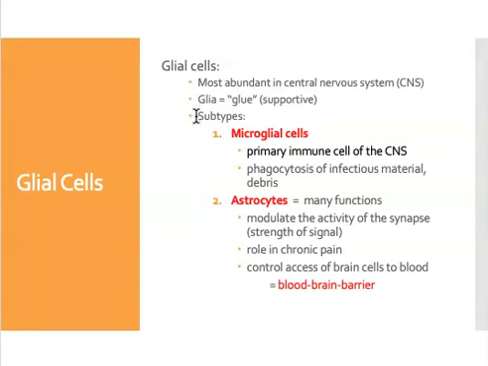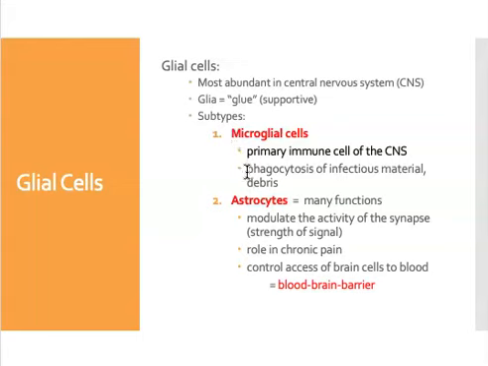We now know, again, that there are 4 types or subtypes of glia. There are microglial cells, astrocytes, oligodendrocytes, and Schwann cells. Microglial cells are actually immune system cells that live and function in nervous tissue.